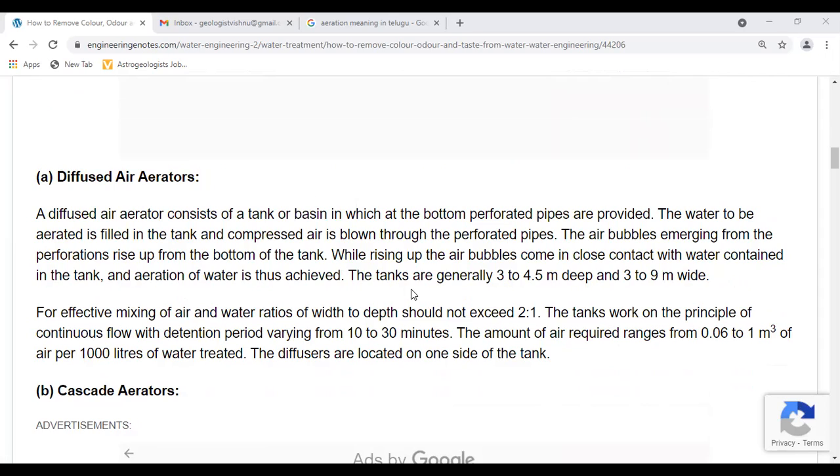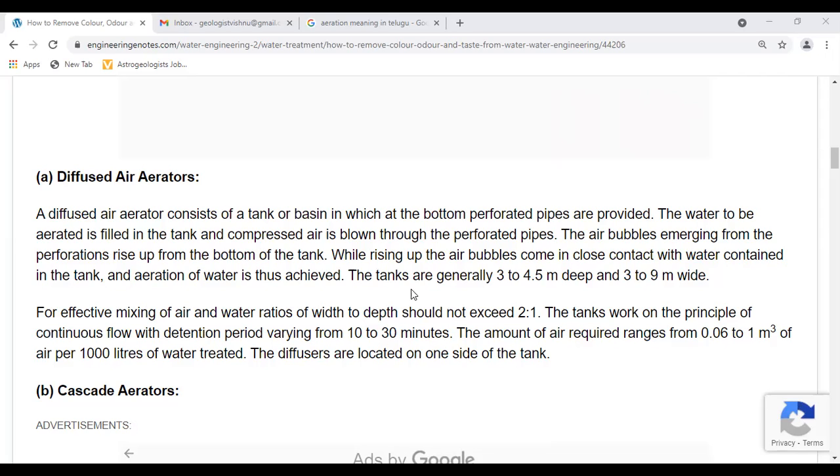A diffused air aerator consists of a tank or a basin in which perforated pipes are provided at the bottom. The water to be aerated is filled in the tank and compressed air is blown through the perforated pipes.